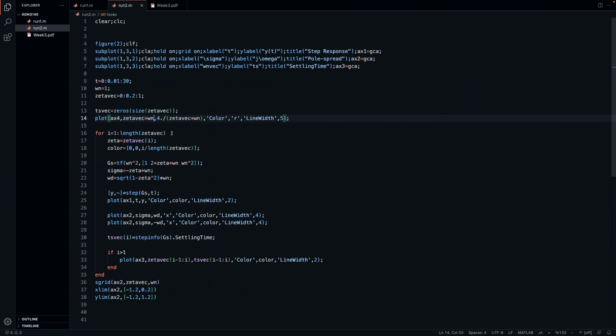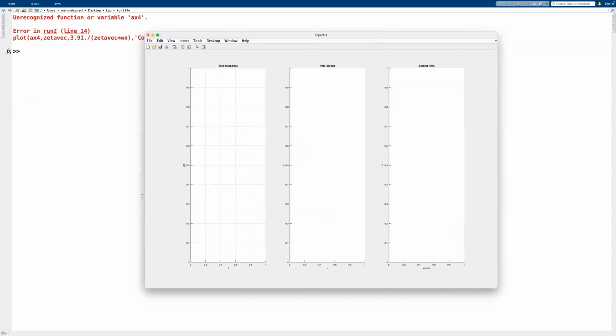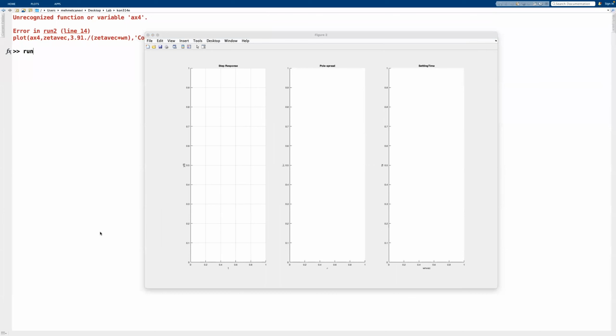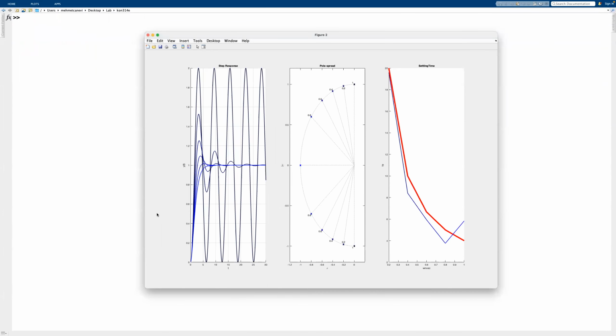What is the issue here? Oh, x4. That's not x4. It's going to be x3. Here we need omega n in order to be exactly correct here.